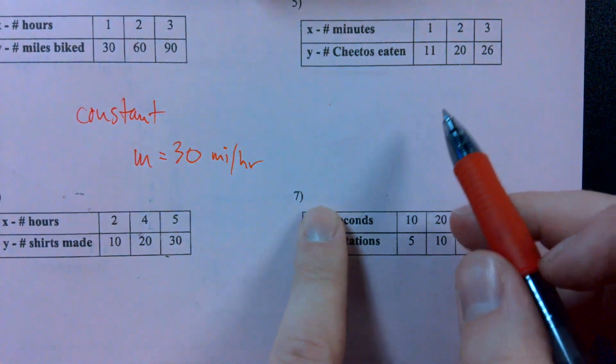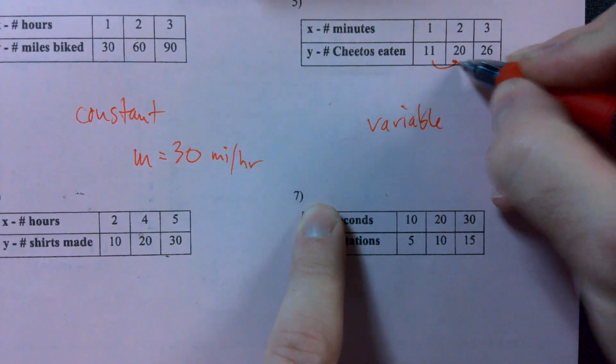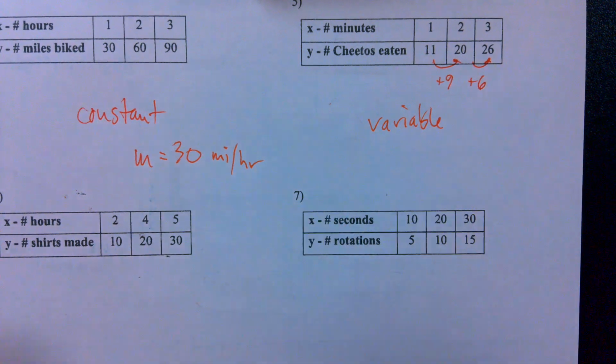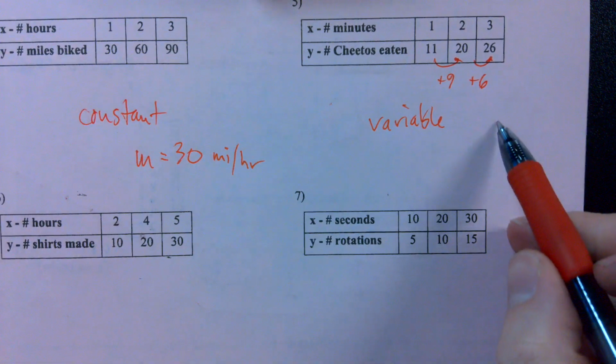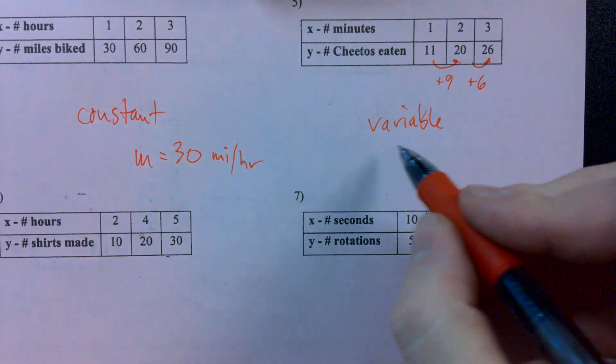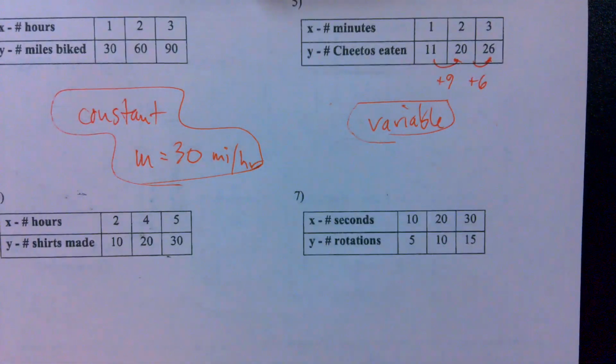What's my answer number 5 going to be? Variable, right? Because on my Y, we've got +9 and then +6. So this person is slowing down their Cheeto eating as time goes by. They're not eating at a constant rate, right? So I can't even find an M because it's variable.